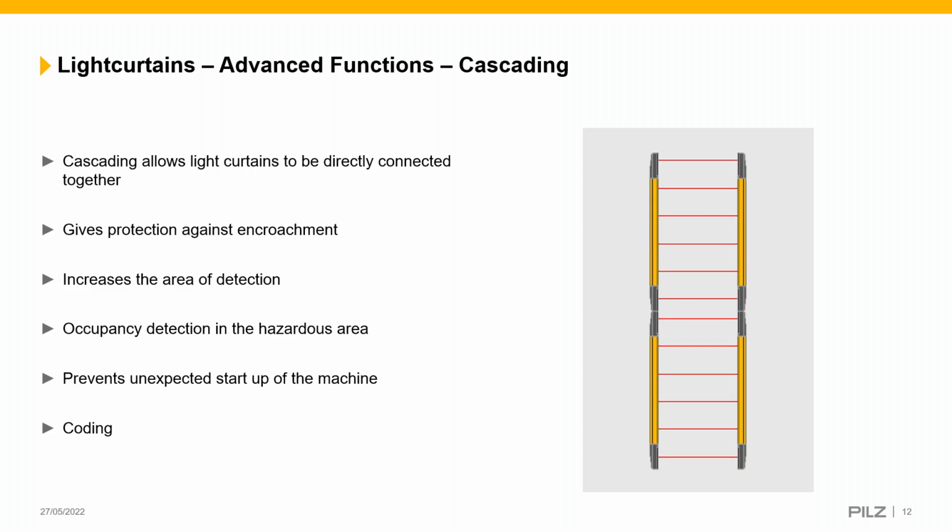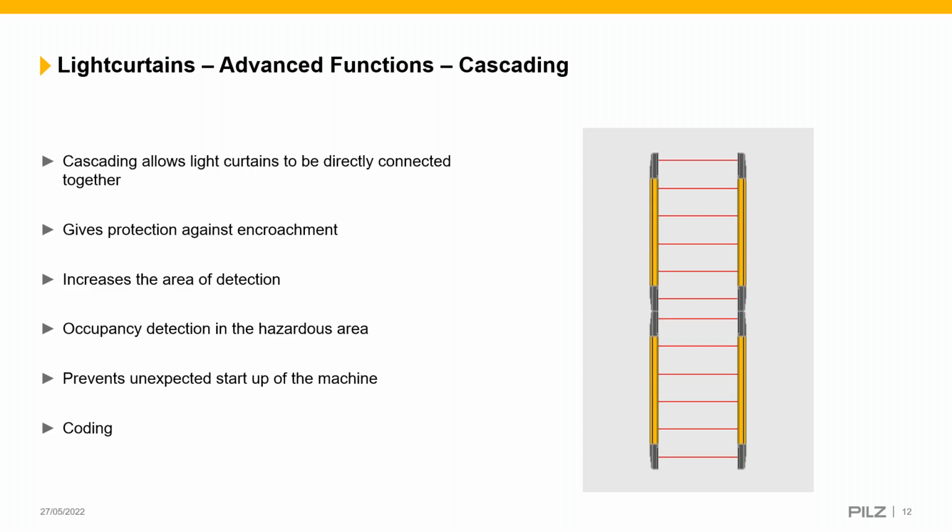So you may have a horizontal one that will pick up somebody standing in this danger zone. It's always recommended that they're not above 300 mil if you're going to do this, because then you could lay underneath them, but you can use them also for occupancy detection. And this will then also prevent unexpected startup of the machine.